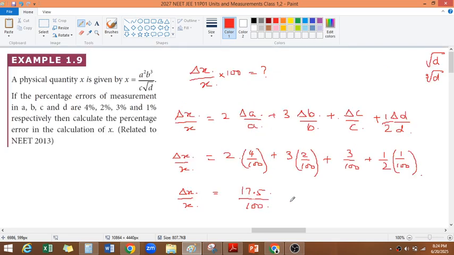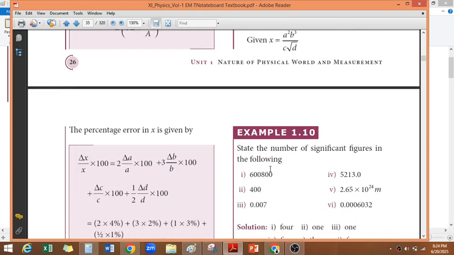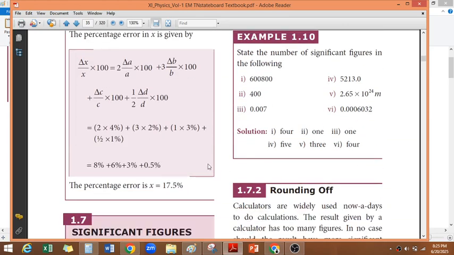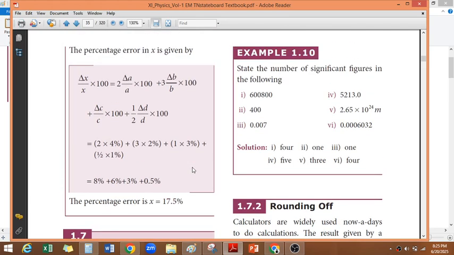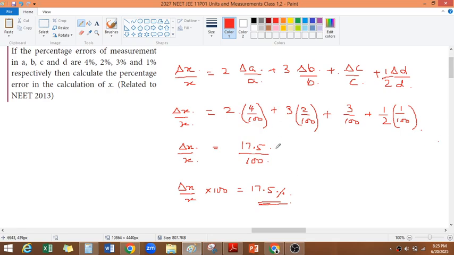So that's your answer. Yeah, percentage error is 17.5. Okay, very easy, nothing very difficult. If you have any doubts, please raise your doubts.